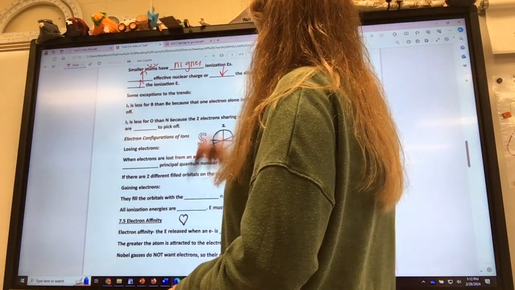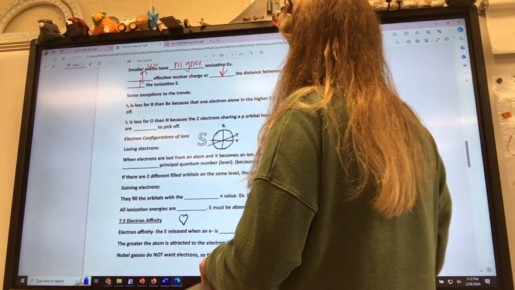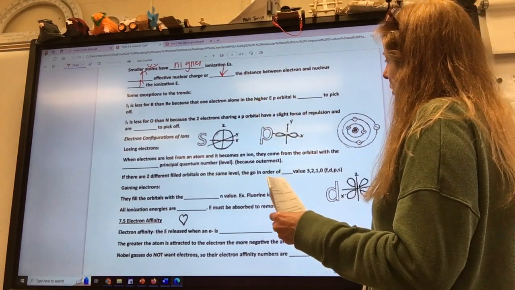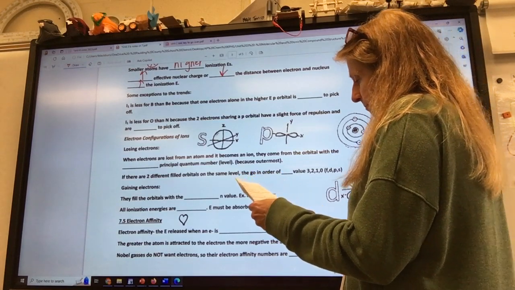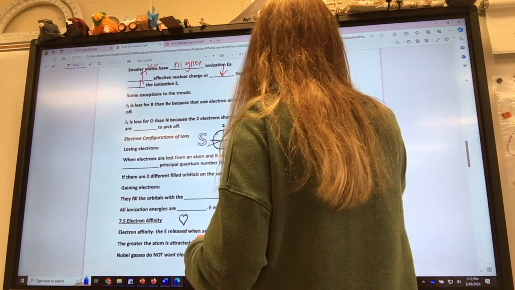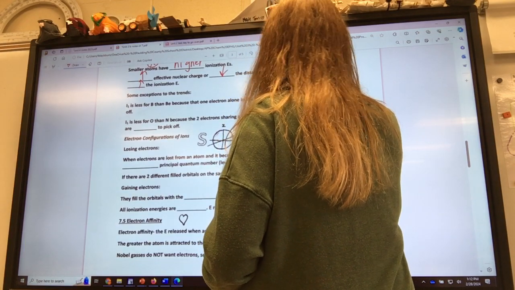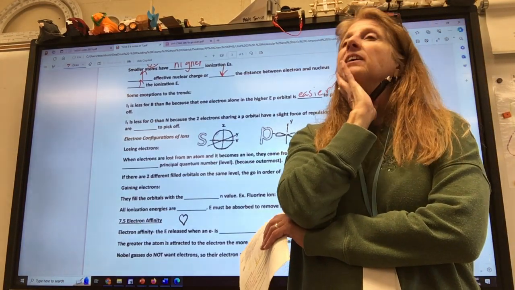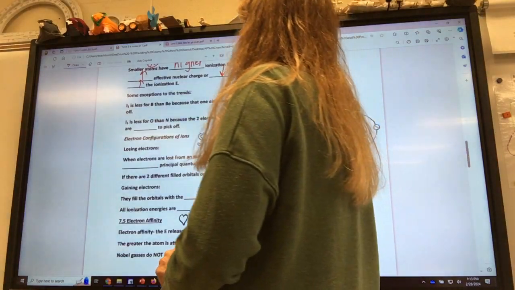So the ionization energy for boron is less than beryllium because that one electron alone in the higher energy level p orbital is easier to pick off. Yes. So it's like the further it is from the nucleus, the easier it is. Yes, absolutely. And that's because of that screening or shielding too.